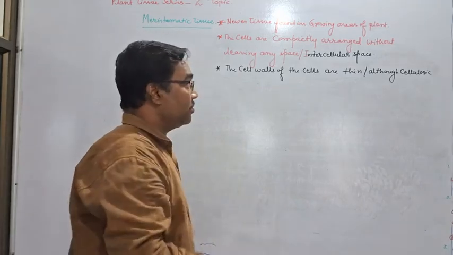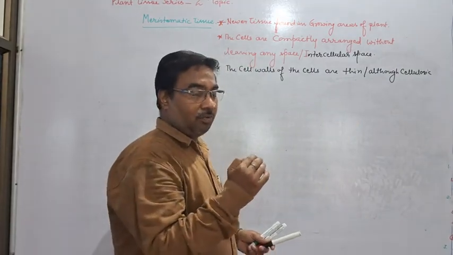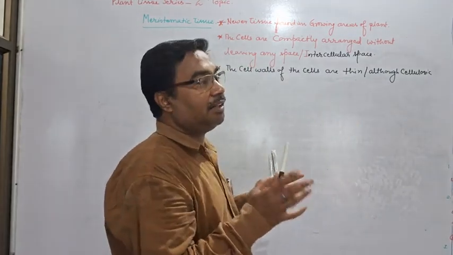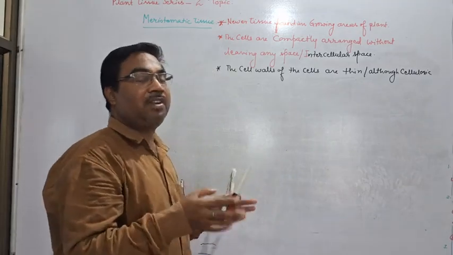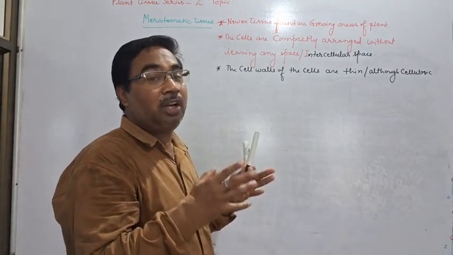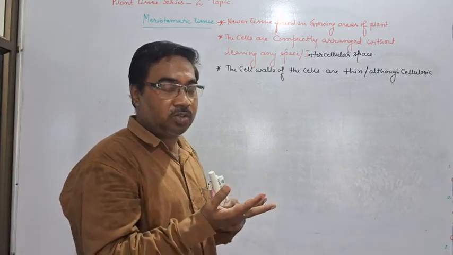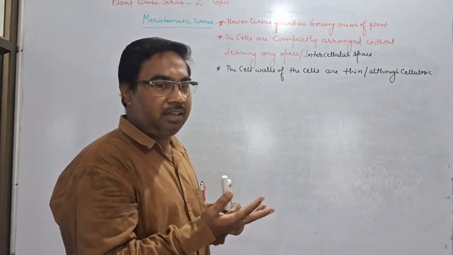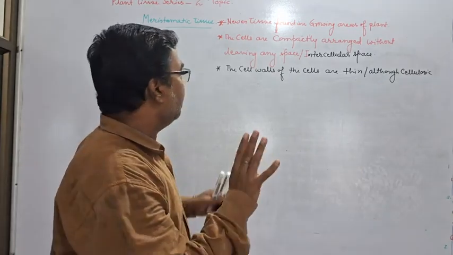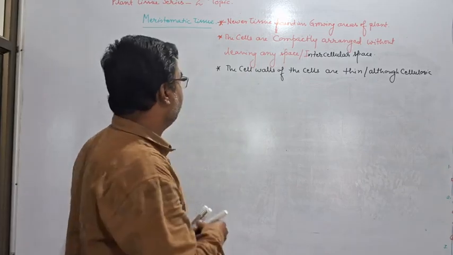They are made up of cellulose, but the word thin represents that there is no deposition of any metabolic waste or any extra deposition like suberin, lignin, pectin. So these will not be deposited. The cell walls of the cells are thin.